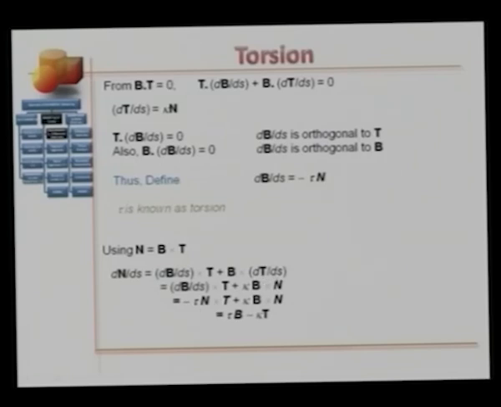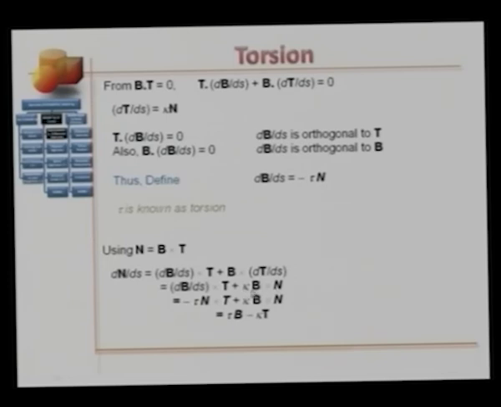Following the algebra further, the right hand side here can be written as dB over ds crossed with t plus, well, we can use the definition here. dt by ds is kappa times n.